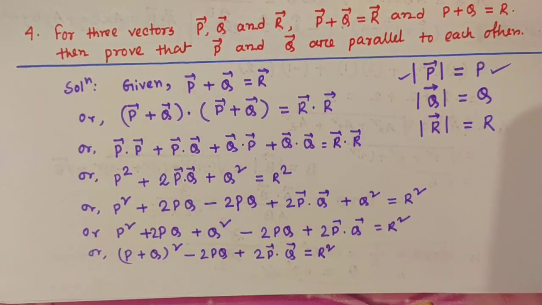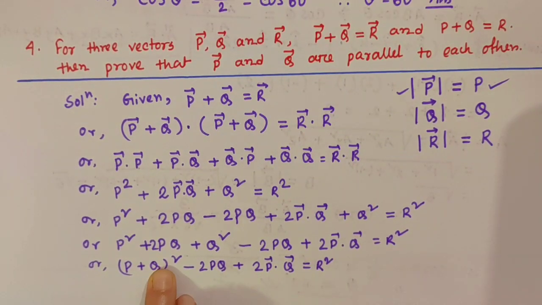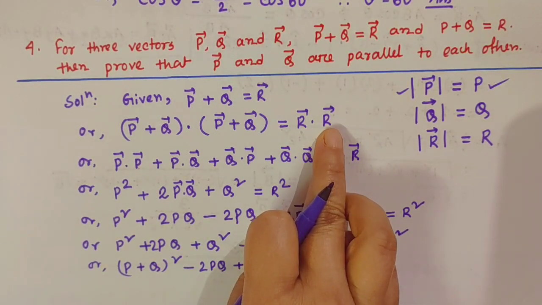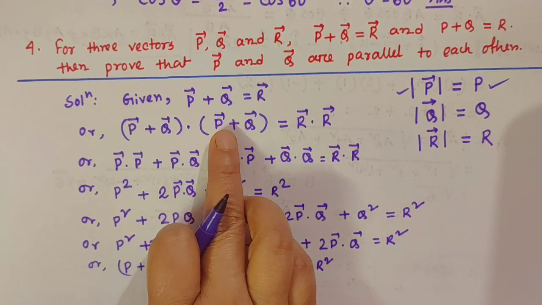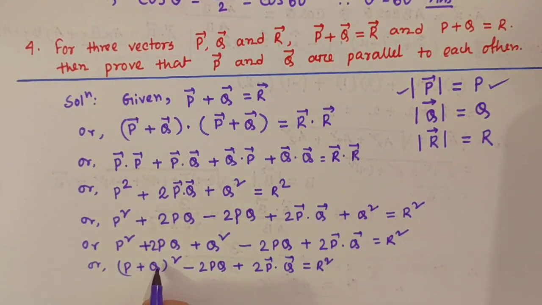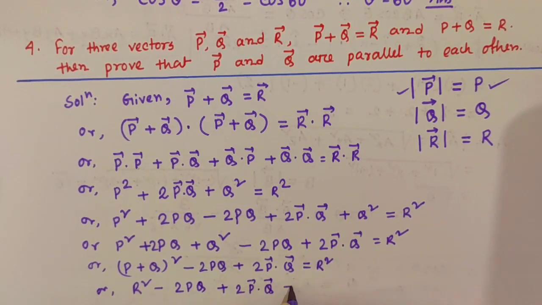Now P plus Q whole square is equal to R square, since R dot R means R square. So we can write R square minus 2PQ plus 2 P vector dot Q vector is equal to R square.